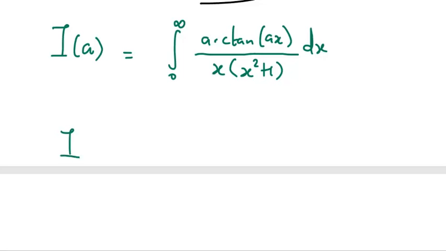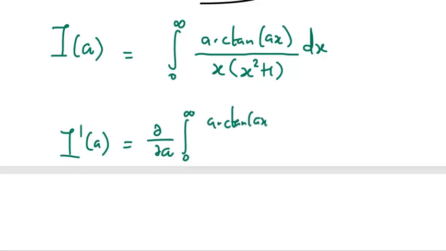On the left hand side, we're going to have I prime of a, which is equal to the partial derivative with respect to a of the integral from 0 to infinity of arctangent of ax divided by x times (x squared plus 1) dx.